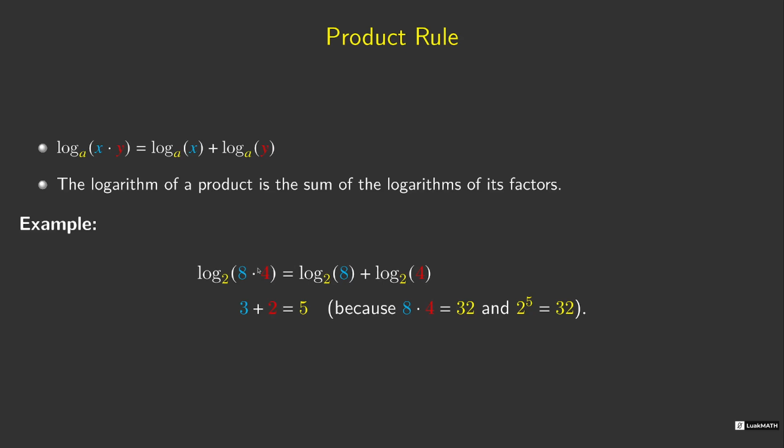Now if you only focus on the left hand side, 8 times 4 is 32. And 32 is the same as 2 raised to 5. So this whole thing here, 8 times 4, you can replace it with 2 raised to 5. And then of course you can drop the 5 to the front here. So you only have 5 times log of 2 to base 2.